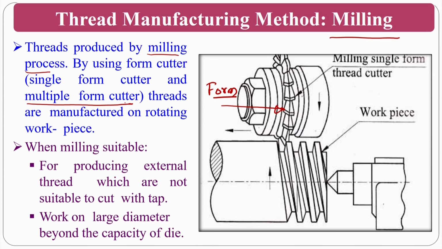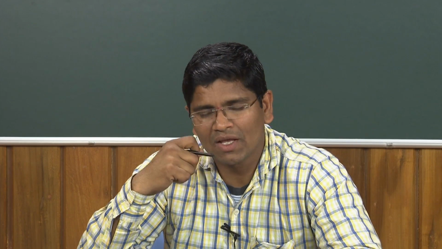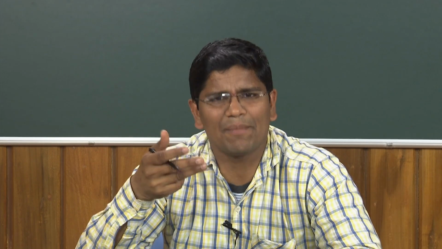Normally this is suitable when producing external threads which are not suitable to cut with the tap. That means if we are unable to cut using the tapping process, which you will come across in the upcoming slides in this class, you can cut external as well as internal threads.